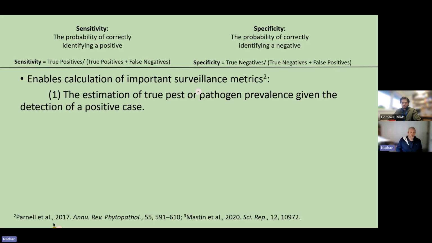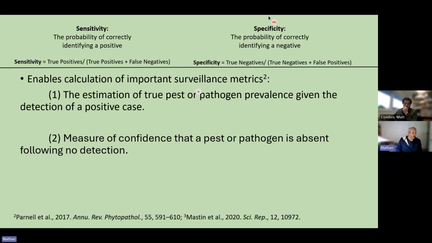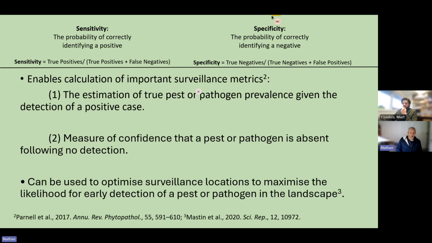If we know where we're finding things, what the sensitivity is, how often we're looking, we can make good estimates of prevalence. We can also, as I said, make estimates: how confident are we that something's not here yet? And that's really important for international trade and reporting. We can also do things like try and optimize our surveillance location, so we can pick the best places to look to find things as early as possible.